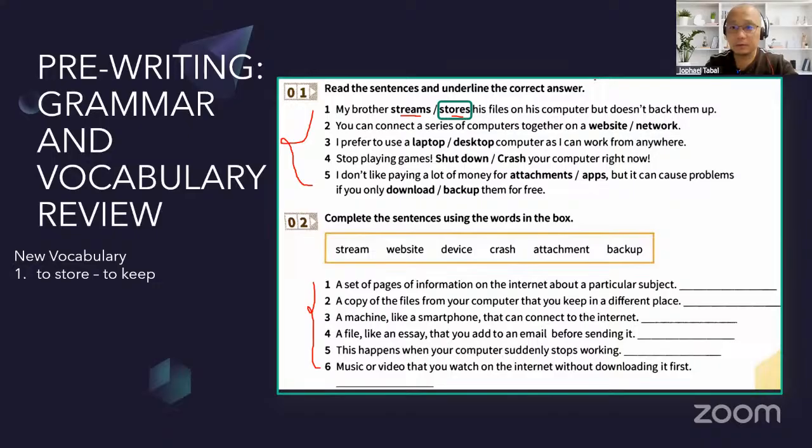Sam? Oops. Yeah, Clara, what's your answer number 2, Clara?